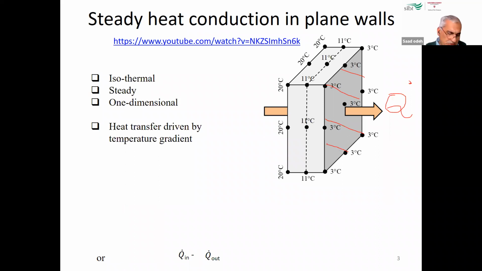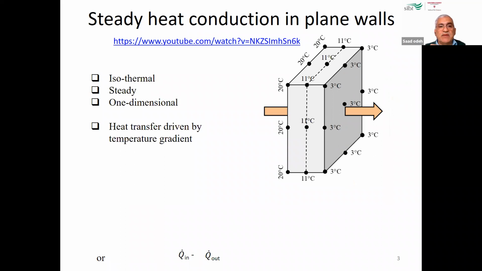So you just need to know the height and width of the wall, and then you multiply H times W, and you get the area of heat transfer.